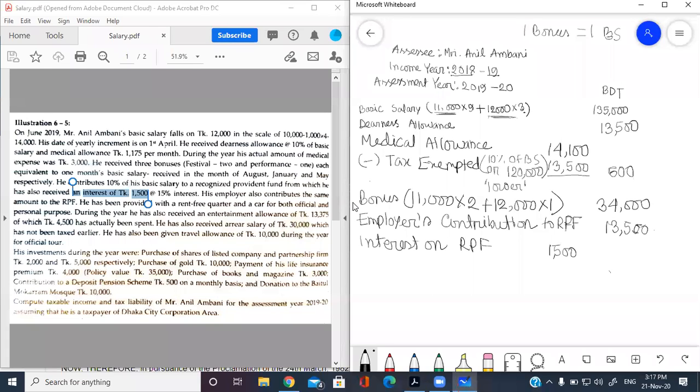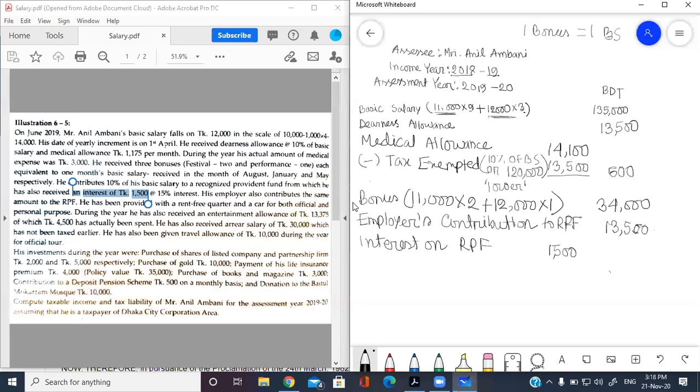So first of all, what is the 14.5% of the accumulated balance on Provident Fund, based on which we can calculate the tax exemption amount.